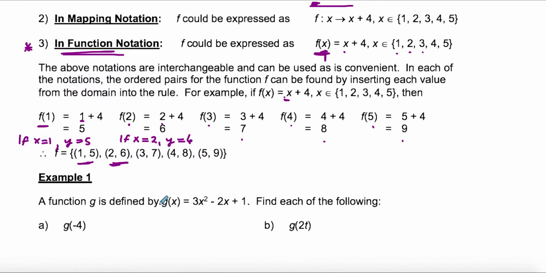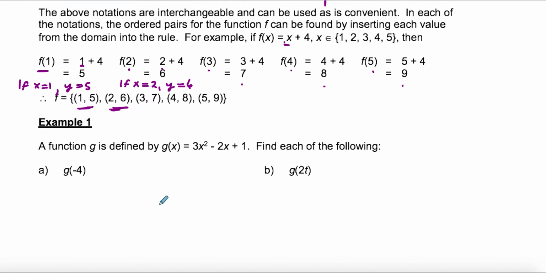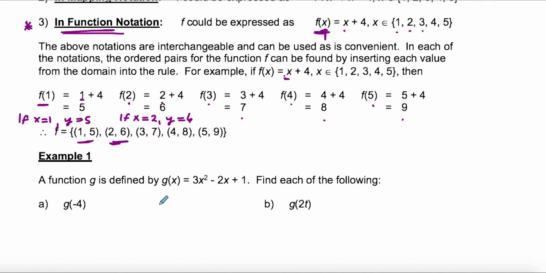So example 1, this is always a little confusing to students at first, but once you get the hang of it, remember that g of x is just function notation, but that is really replacing the y. We're just suggesting that you're going to sub in different values for x. So if our function g of x equals 3x squared minus 2x plus 1, what is g of negative 4? It just means sub in negative 4 for x.